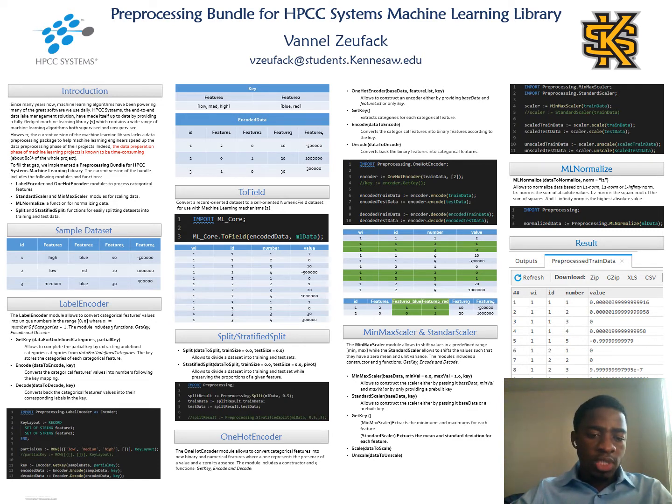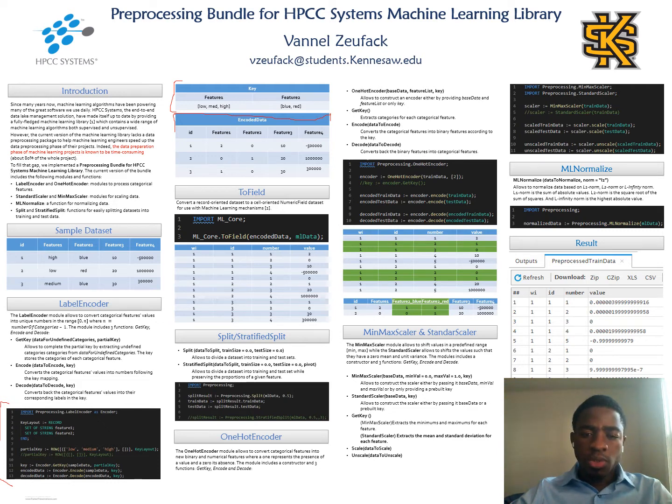The little code snippet below shows how the functions are called, and then you have the result on top here, where you have the key containing your categories, and then you have the result of the encoding below, where you no more have the labels for feature 1 and feature 2, which were initially high, low, medium, and blue, red, blue. Now you have numbers instead.